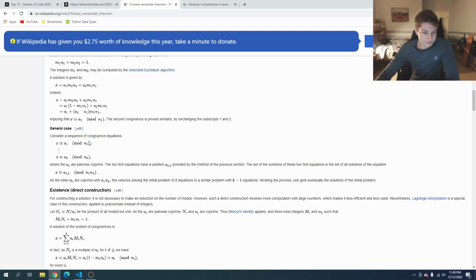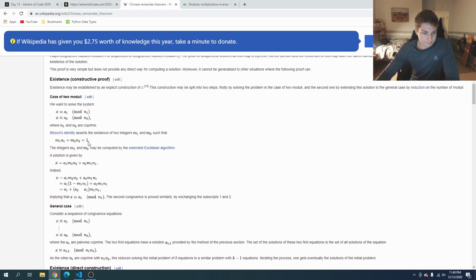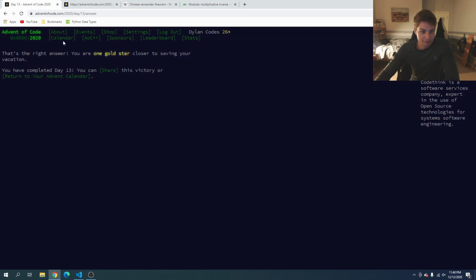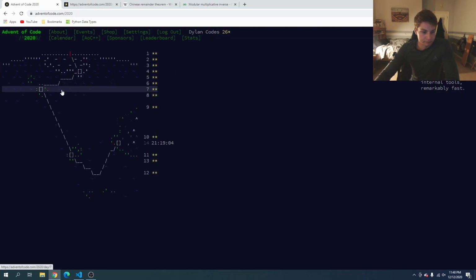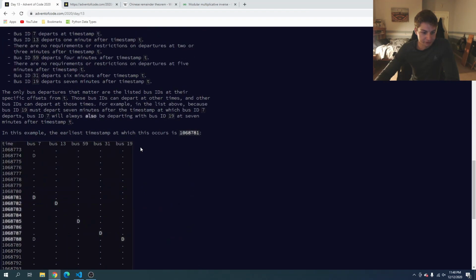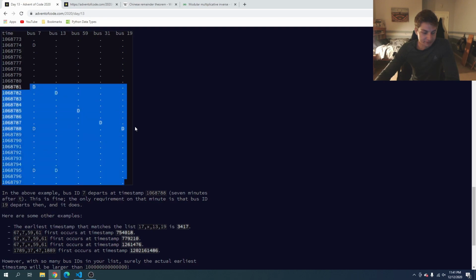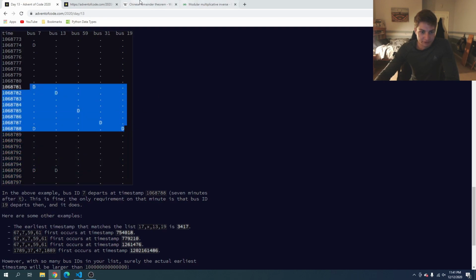And so in a system of congruences like this, if, say, we have some number capital N that is the product of all the bus IDs, then there exists one X such that it satisfies our constraints, which are described like this. So there's only one X that satisfies some constraints where they appear all in a row like this.